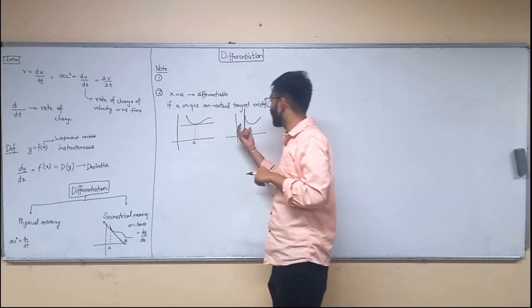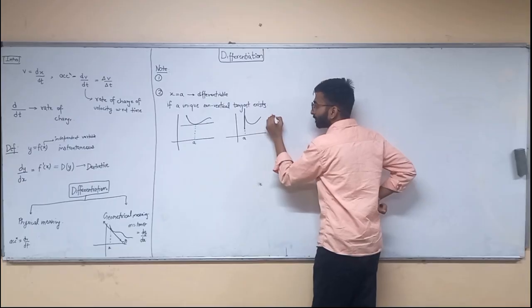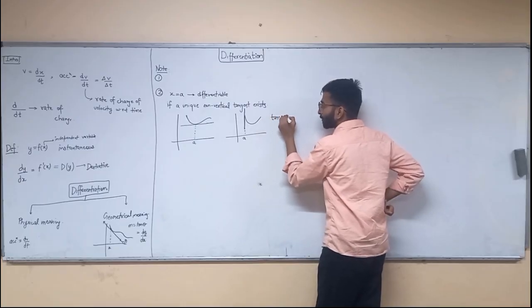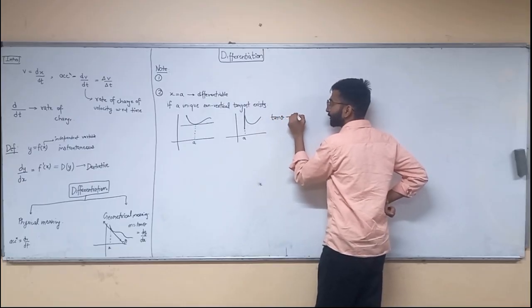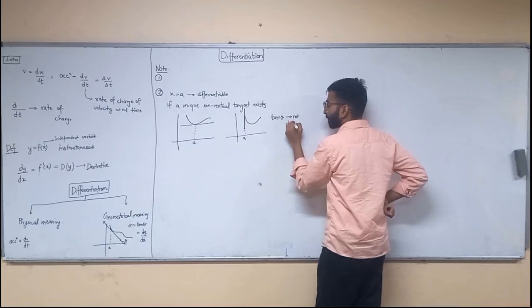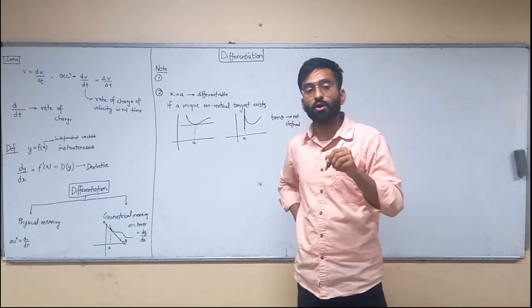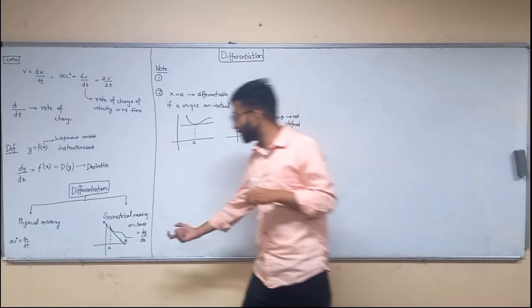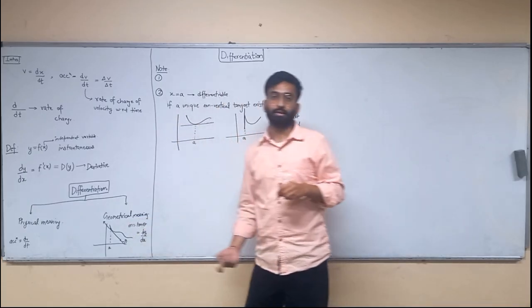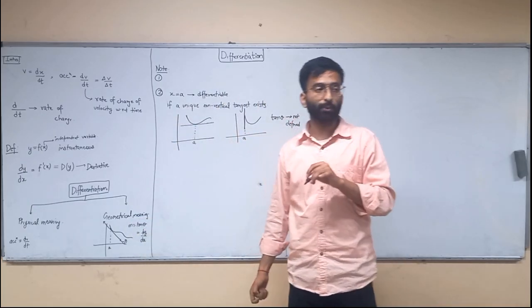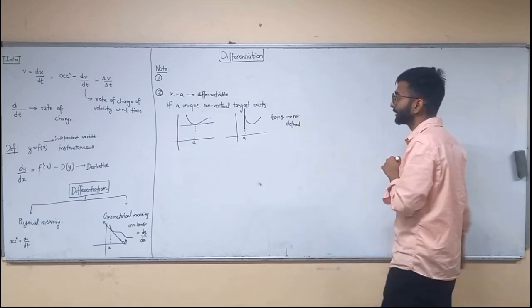So when tan theta is not defined, the dy by dx does not exist. Why? Because dy by dx is equal to tan theta. The slope of that curve at that given point is defined by dy by dx.